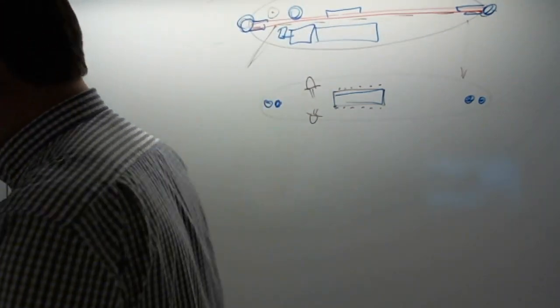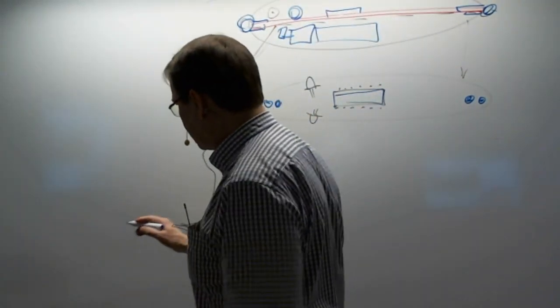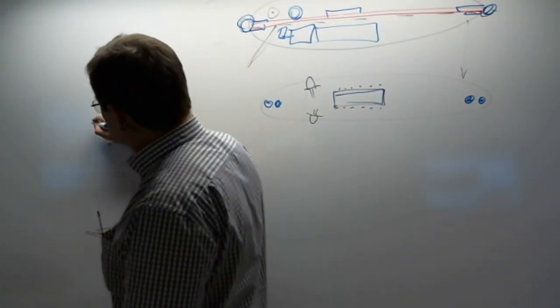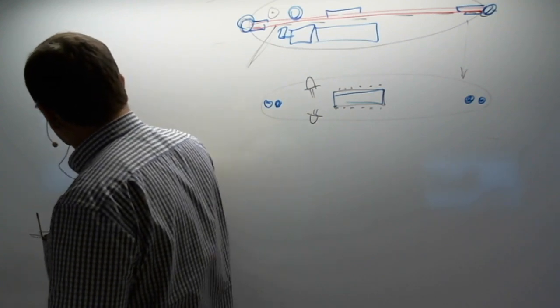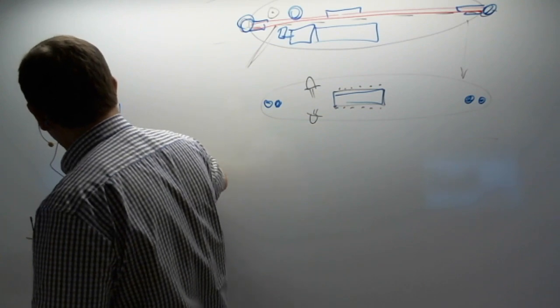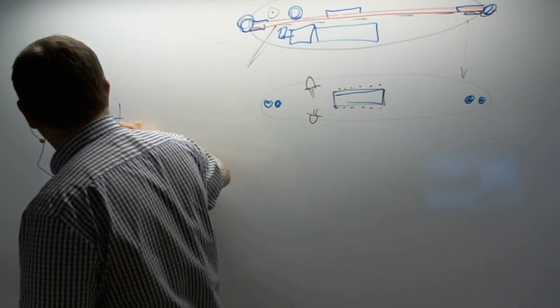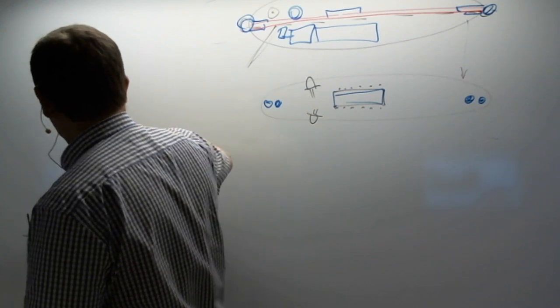Capacitive sensing is basically, the easiest capacitive sensor is the comb kind of structure, where you have two electrodes like that, and they're not connected but make a capacitor.